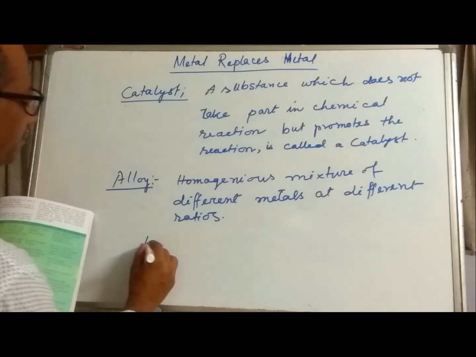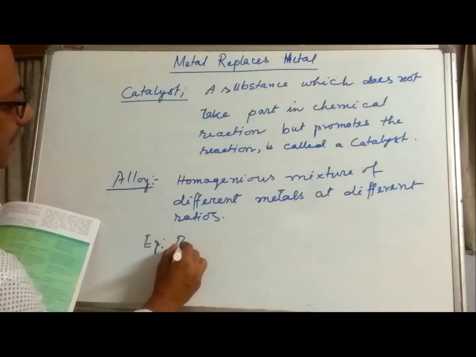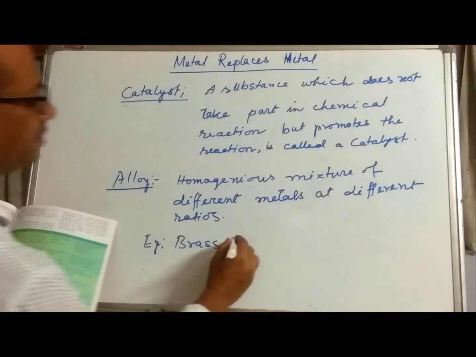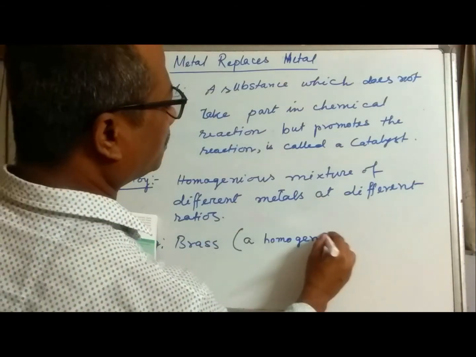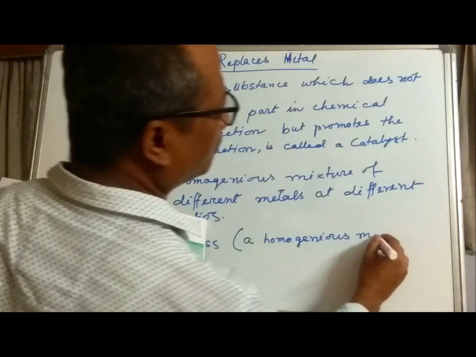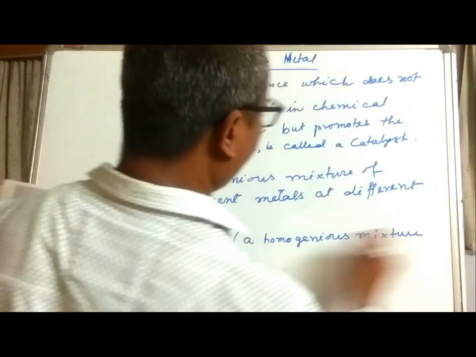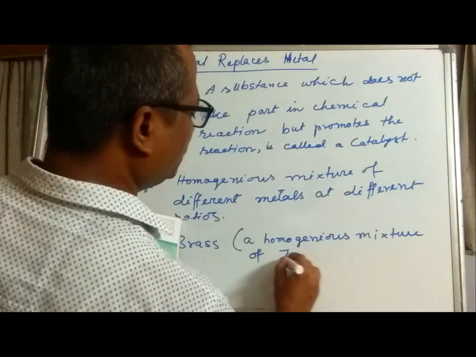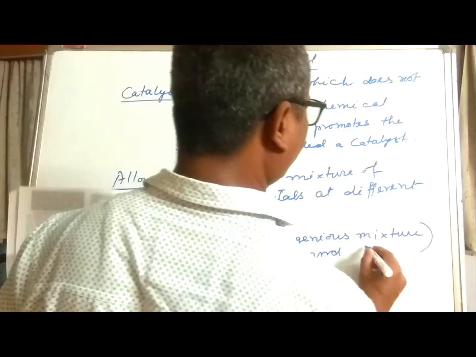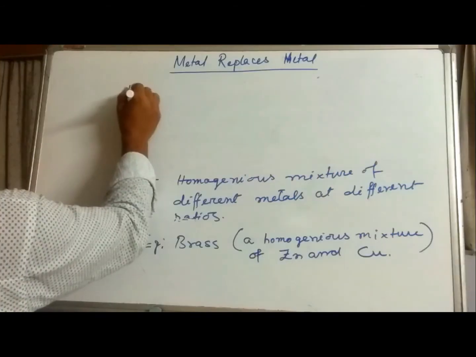For example, brass. It is a mixture of zinc and copper.